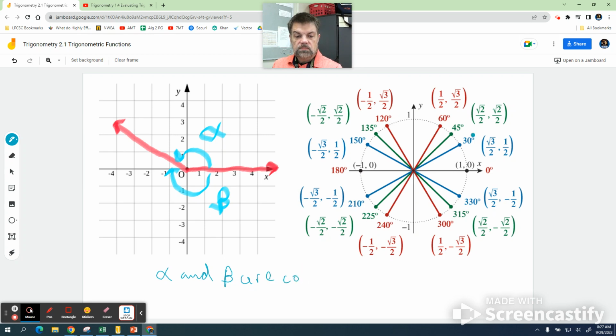And so what does it mean that they are coterminal? Well, there's a couple of things. Remember that this is the initial side, and this is the terminal side.